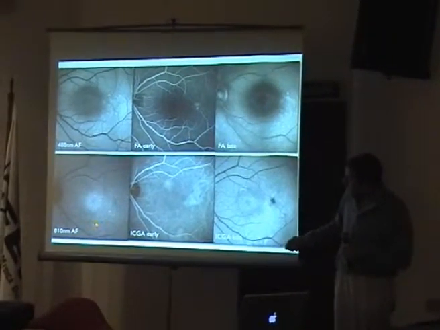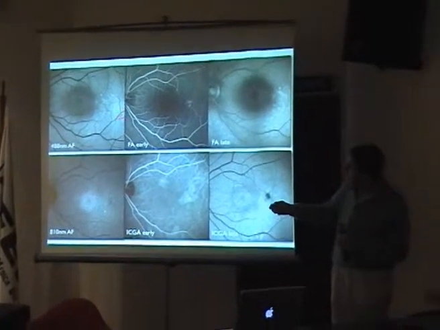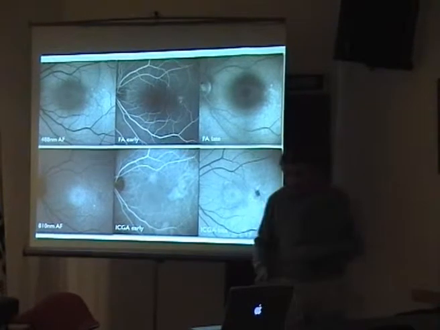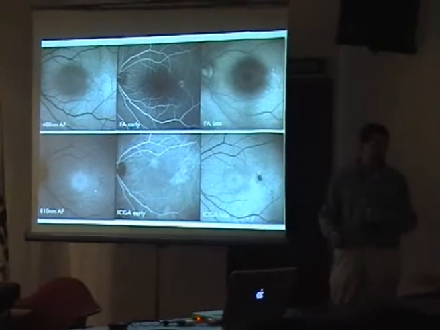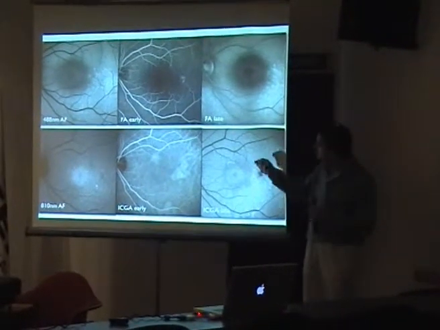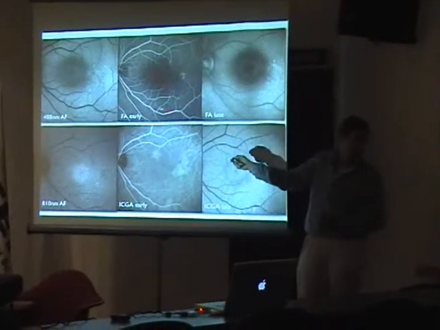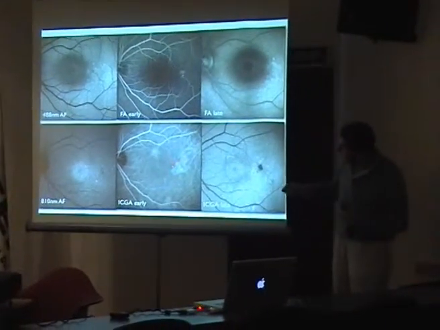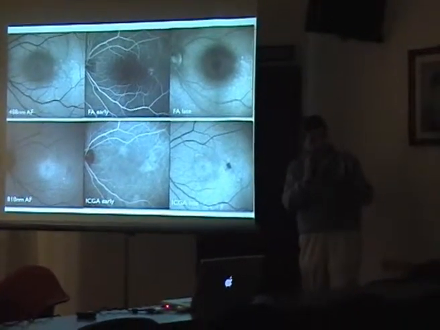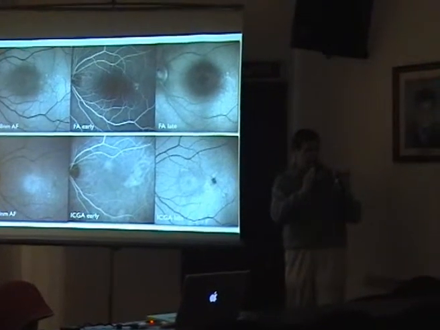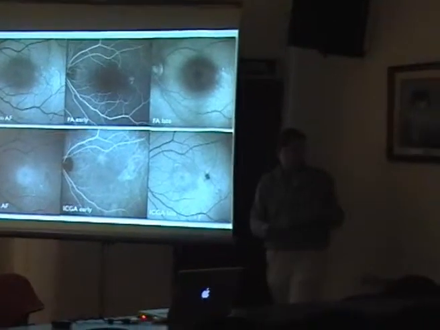You see here some dots that you see also in some way in autofluorescence. Remember, for example, that ICG is important in central serous chorioretinopathy because it shows more leakage area than fluorescein. And usually in a chronic CSR, you have a choroidal vein that you cannot see in fluorescein.